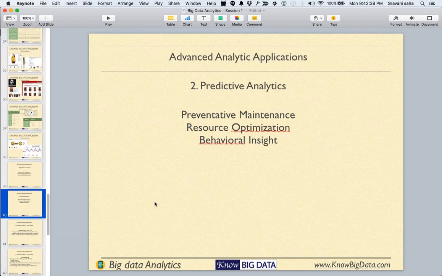Similarly, behavioral insight: these are the 20 customer categories that we have to identify. For example, I have been planning to work with Quikr, where they are trying to predict the behavior of the individual from their immediate purchasing history. For example, if you are selling a lot of furniture, that means you may be moving out of the city.